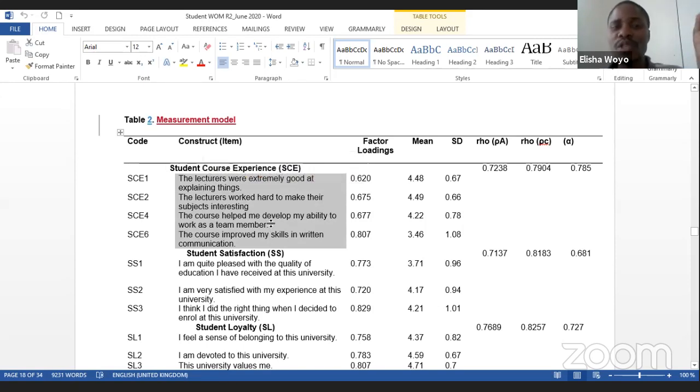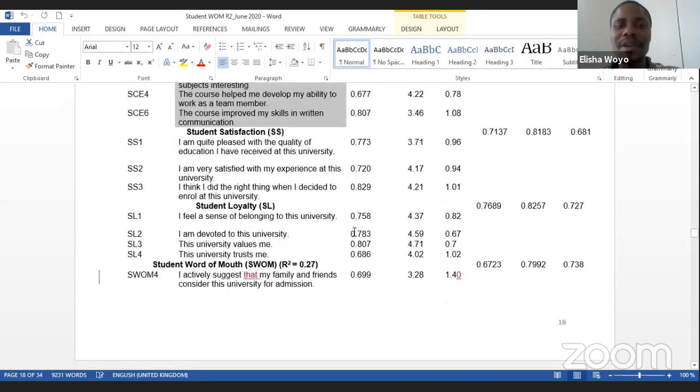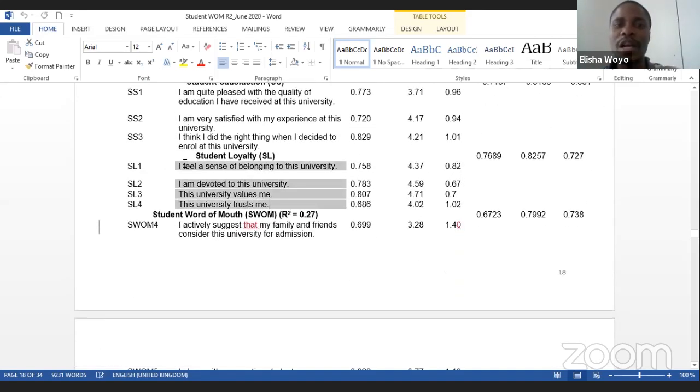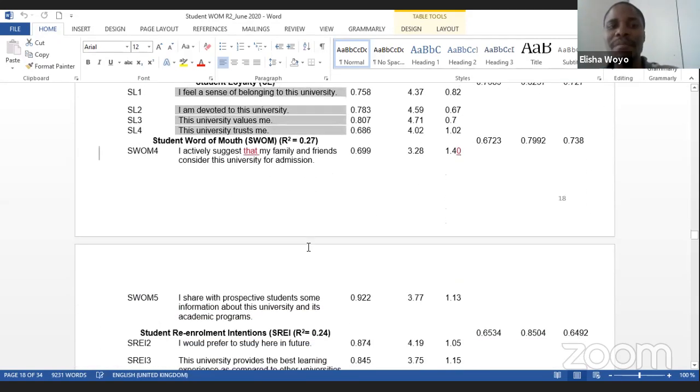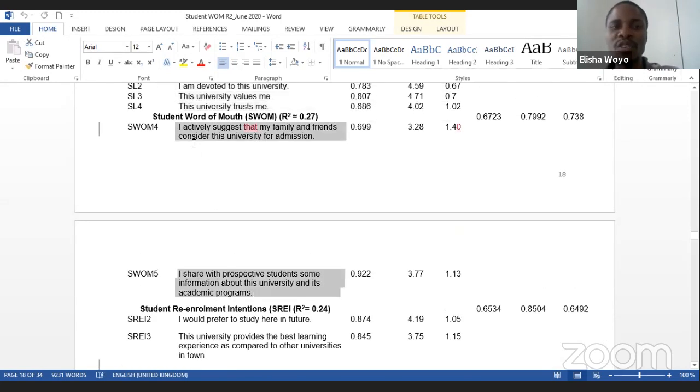And this is what would have happened in the one that I have highlighted. All these elements that we have asked our respondents, they all measure the idea of course experience. Then all these elements measure the idea of student satisfaction. All these elements measure the idea of student loyalty. All these elements measure the idea of student word of mouth.